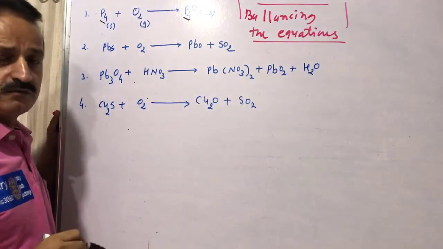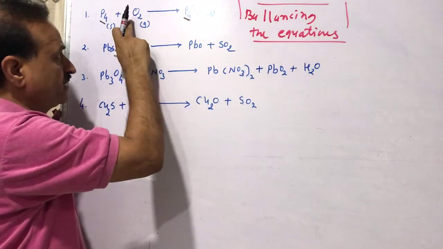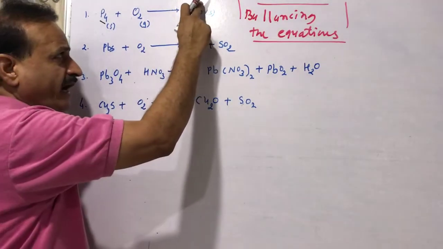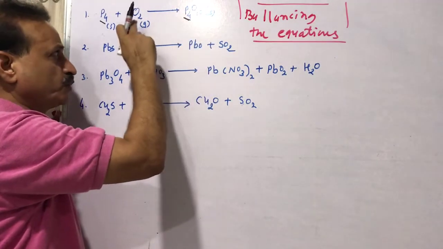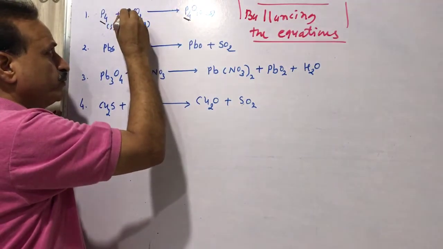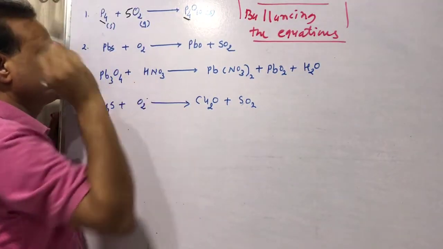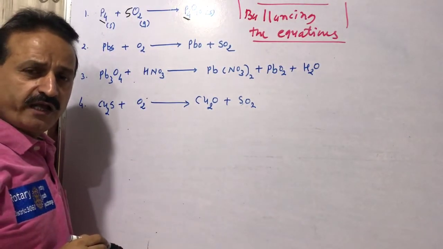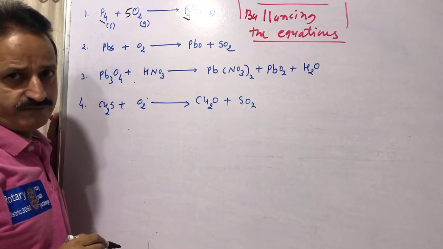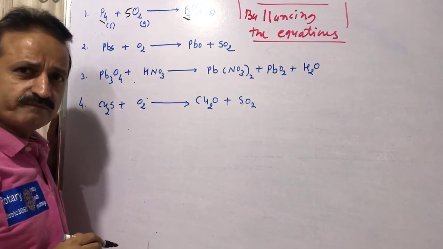Now the second reactant is oxygen, 2 atoms. On the right hand side oxygens are 10 atoms. So to make 2 into 10, we have to put 5 over here. So it is 10 oxygen atoms on the left hand side and 10 oxygen atoms on the right hand side. This is the balanced equation.